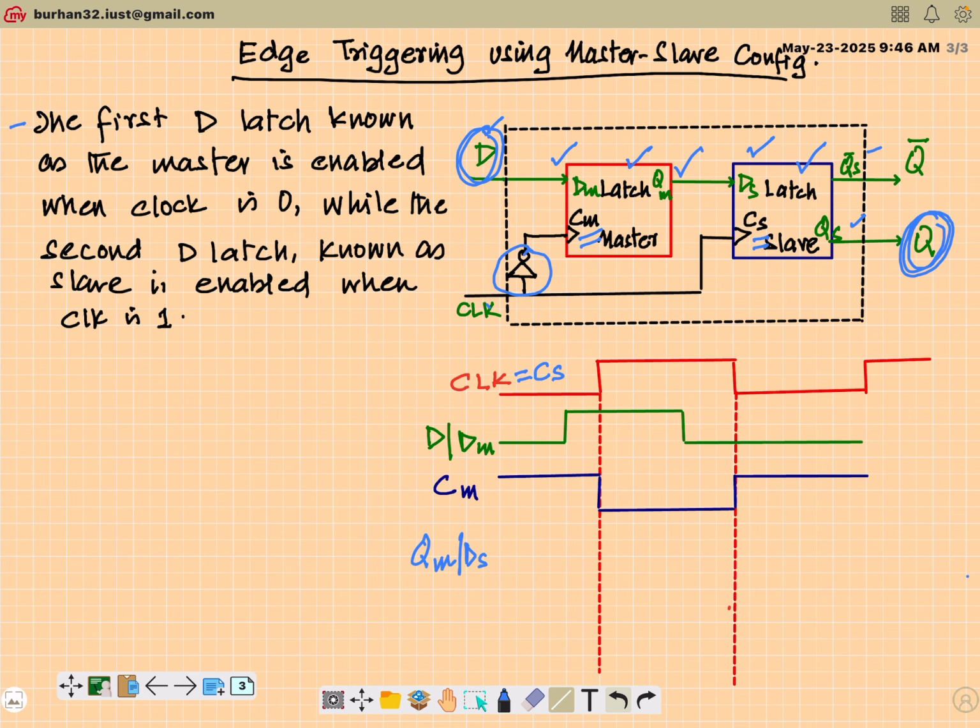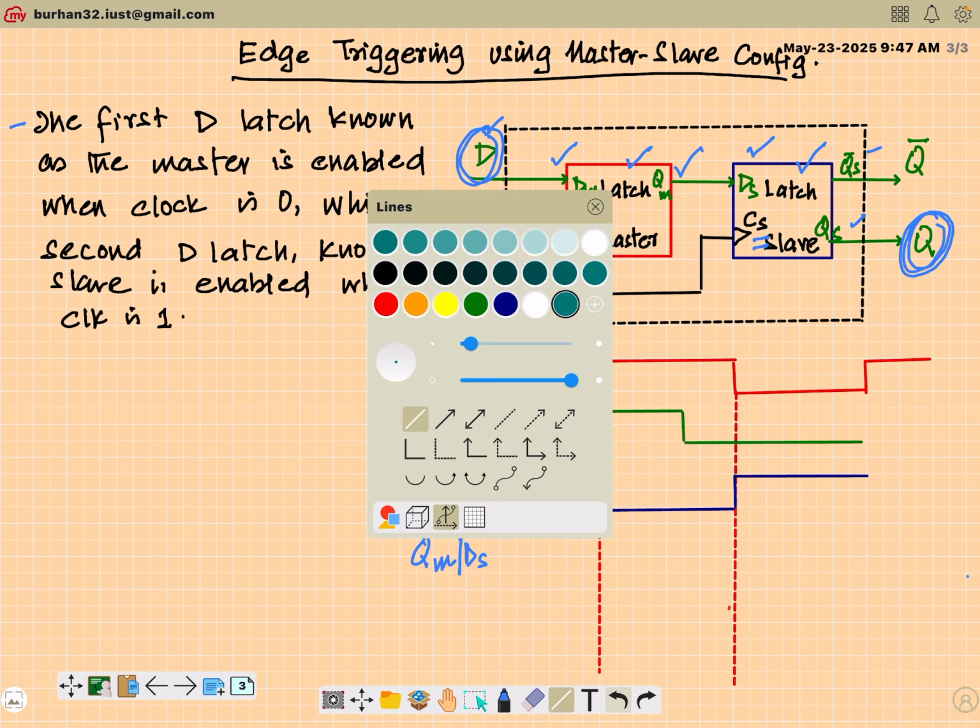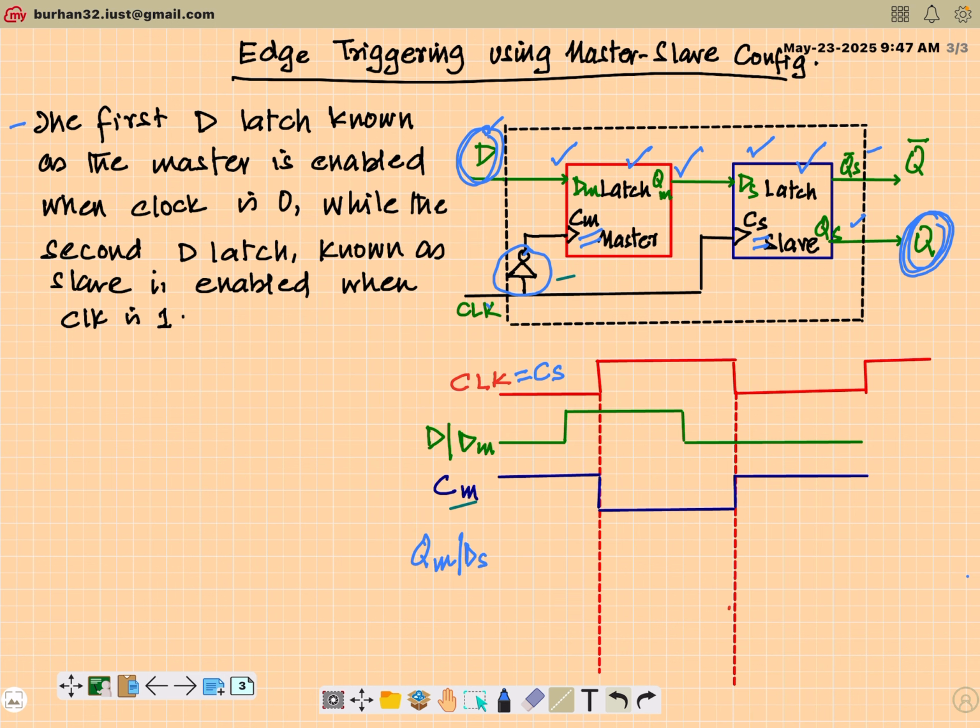It will wait because, remember, this master actually reacts to the inverted clock, so it will be reacting to this CM. Maybe I will draw a projection so that you are better able to visualize it. This is the transition for my external data.